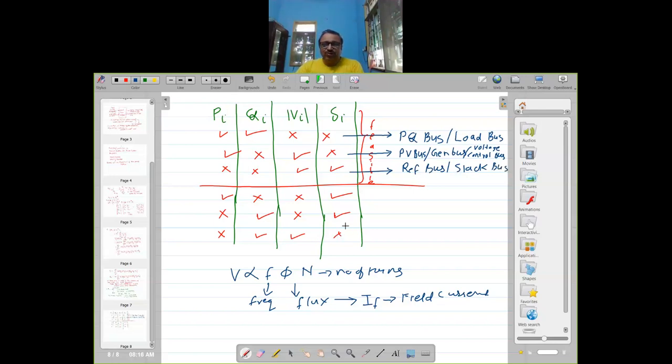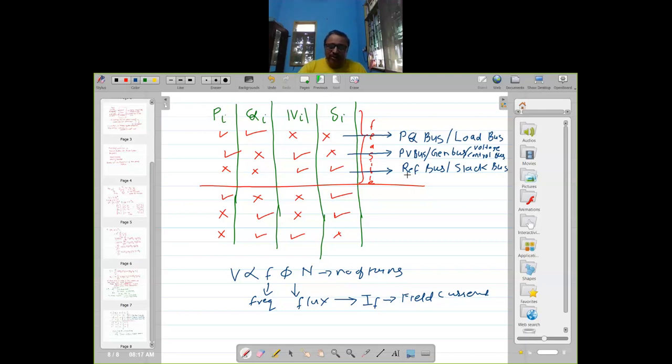We'll come to why we need this reference bus, but in general, like we measure the voltage magnitude with respect to ground, we measure the voltage angle with respect to a certain bus that we call the reference bus.